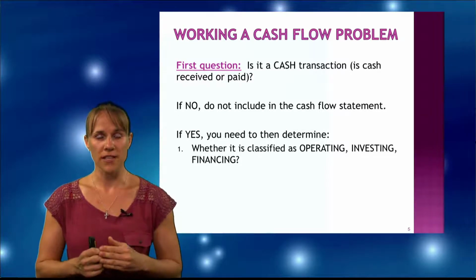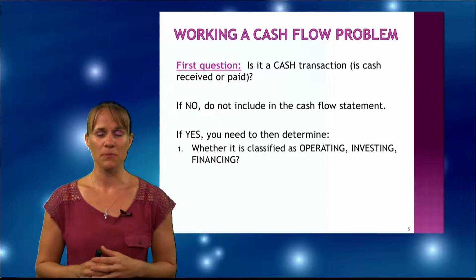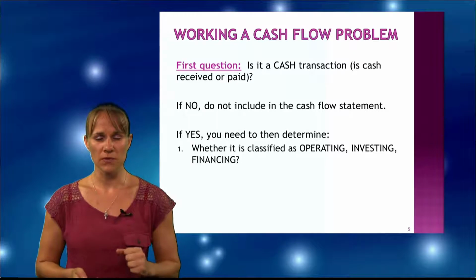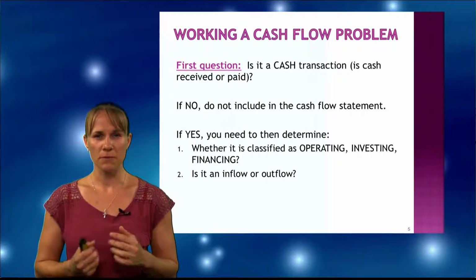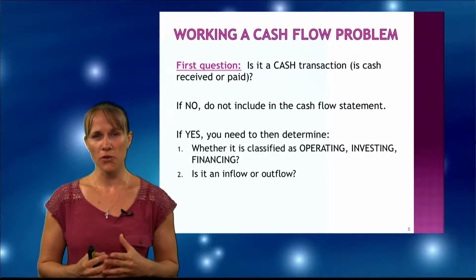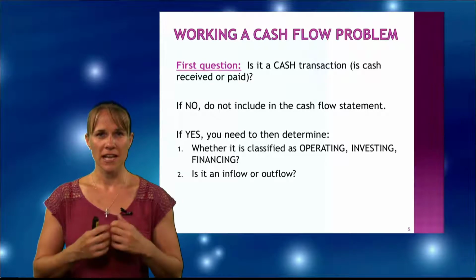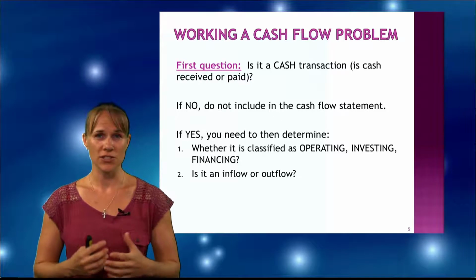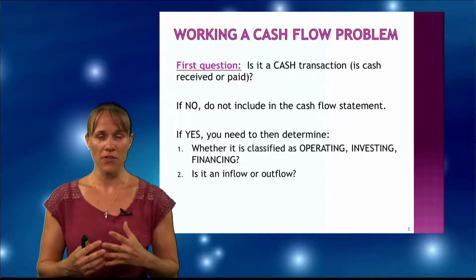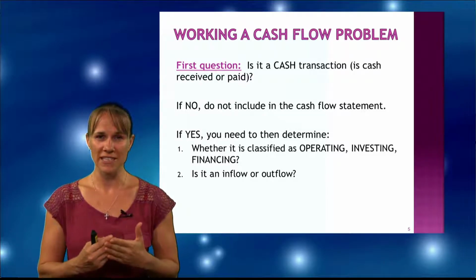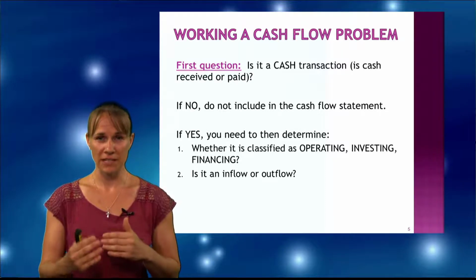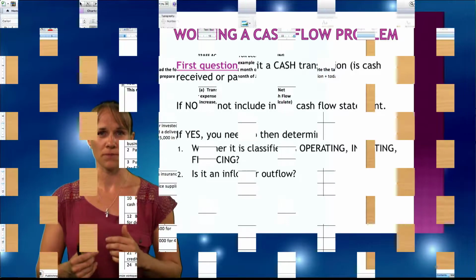And for financing, we're looking at non-current liabilities and our equity accounts. So once we've got our item classified, then we work out, is it an inflow or is it an outflow? So now we're going to jump across to the handouts, where we'll go through each of those transactions in depth, and we're going to identify them as either operating, investing, or financing, and whether they are positive or negative, in terms of are they an inflow or are they an outflow.